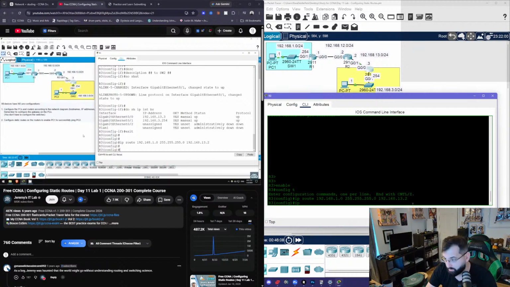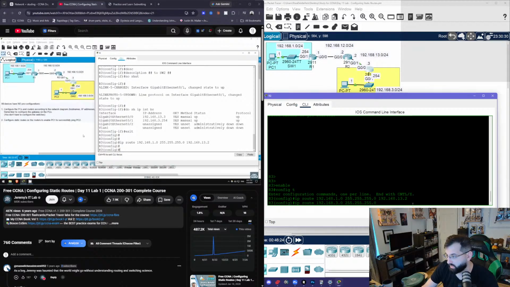Which means that IP routes, and this is where we're trying to go to. We're trying to go to 192.168.3.0. Okay.